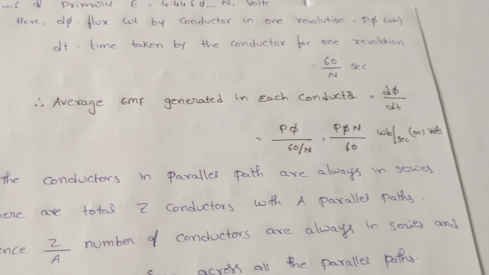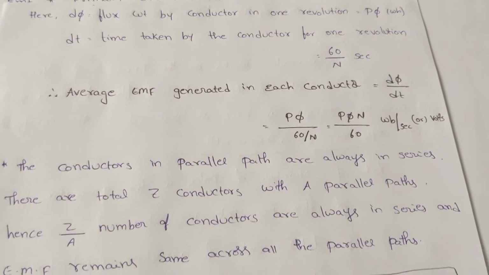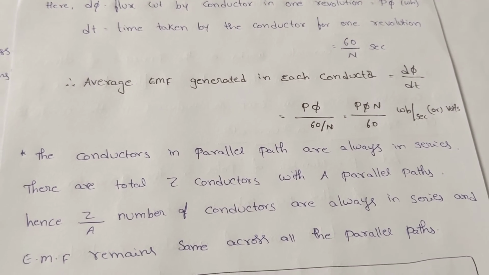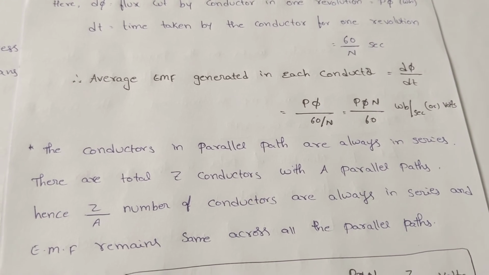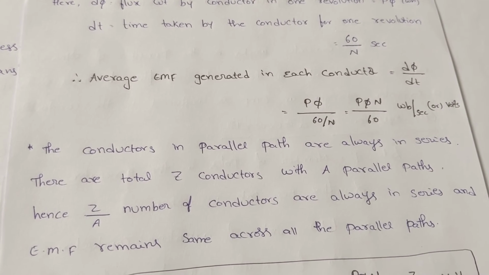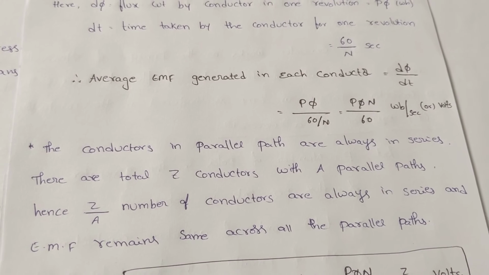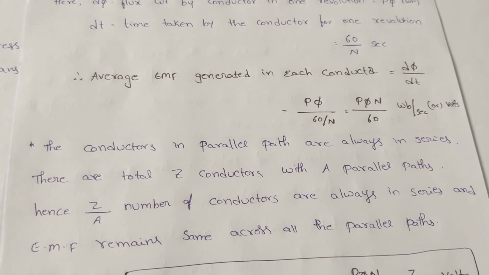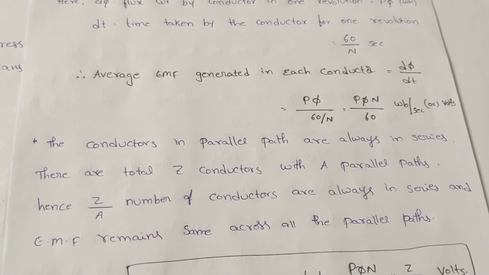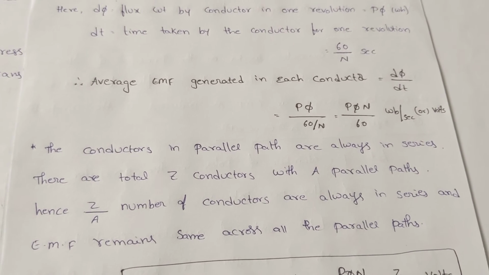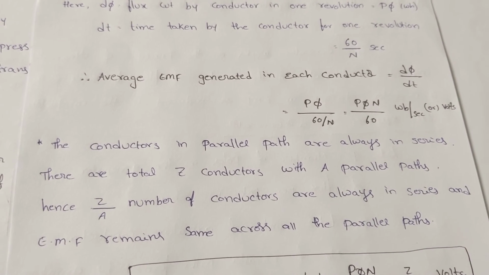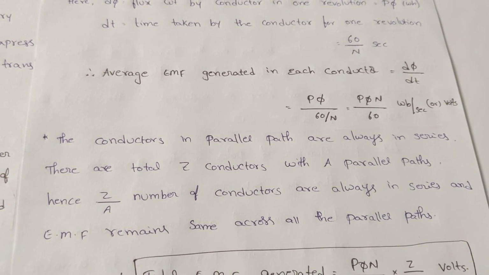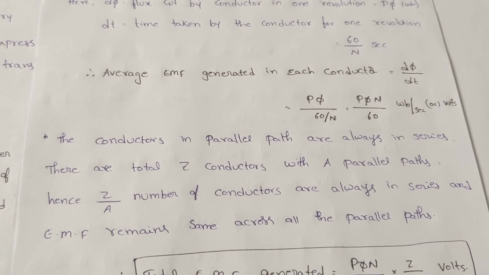Here we are not considering a single conductor. We have Z number of conductors which are arranged in parallel paths. So each parallel path has Z by A conductors. These are the parallelly connected elements, so the EMF generated across all these conductors is the same.